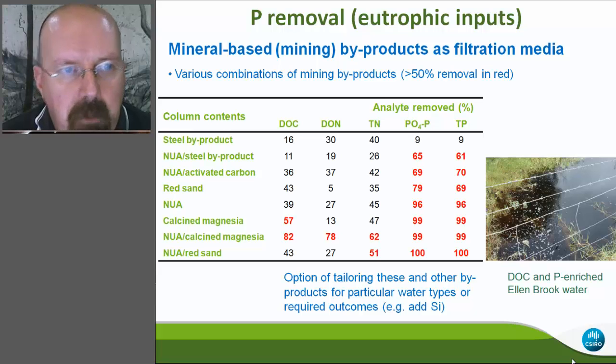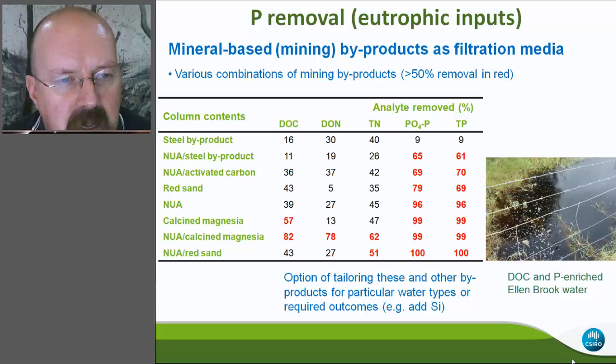And I have a table below that looks at a range of mineral-based mining byproducts, the steel processing byproducts, slags, the NUA, which I mentioned before, red sand from the alumina industry, calcined magnesia, and again, calcined magnesia and red sand with NUA. And those numbers in red are where we see from column trials greater than 50% removal of either DOC, DON, total nitrogen, dissolved phosphate as PO4-P, or total phosphorus.